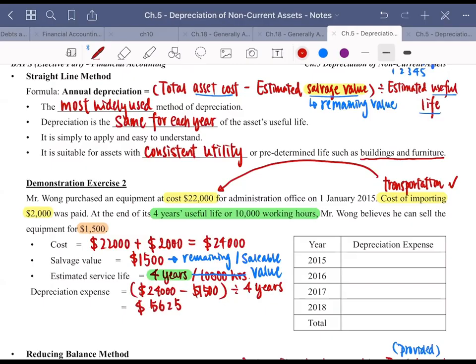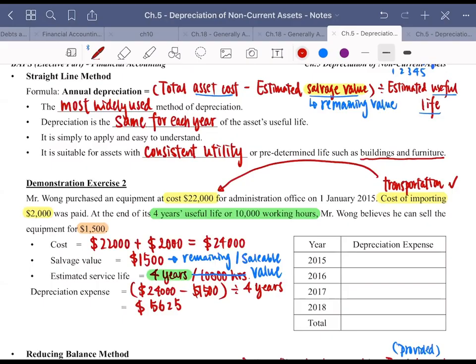So I would like to ask whether this depreciation expense would be changed maybe 1 year later or 2 years later. Would this amount be changed, or would this remain unchanged? Remain unchanged. Very good.